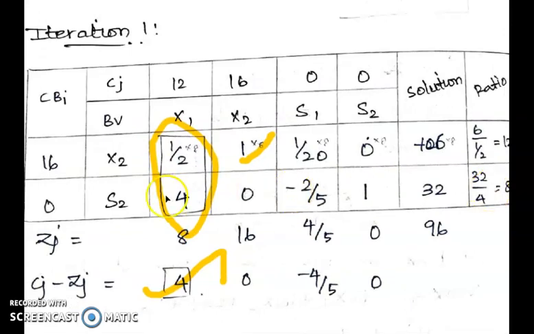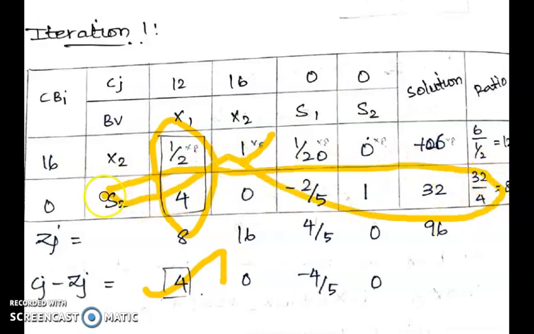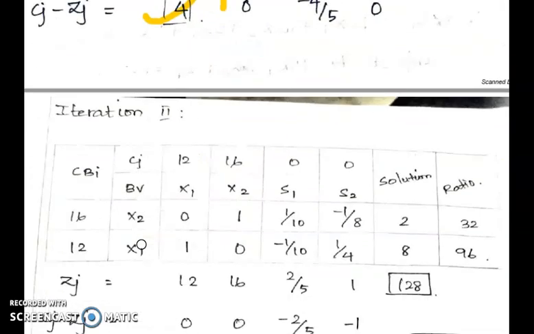This is the leaving variable, and the intersection point is the pivot element, which should always be 1, so we divide the entire equation by 4. Then we get the next iteration.